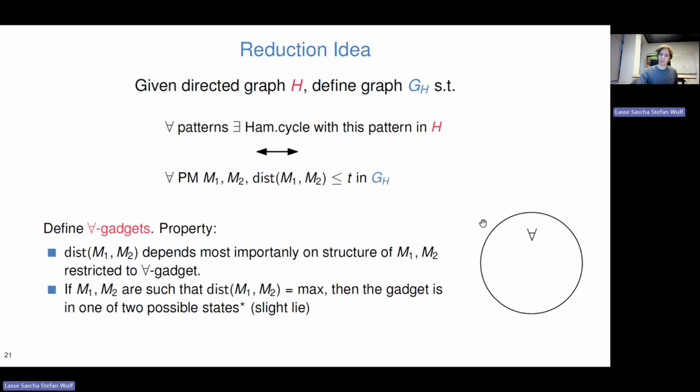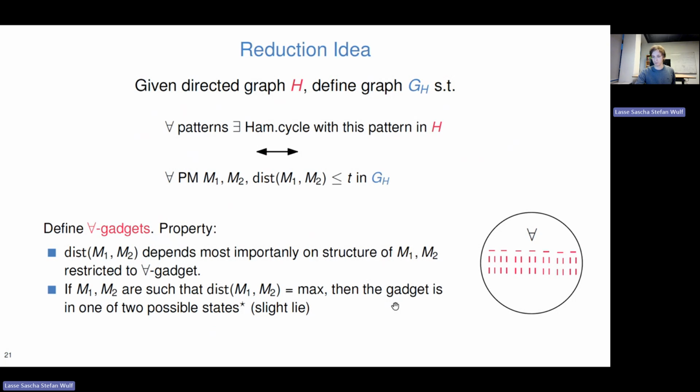And furthermore, if M1 and M2 are two perfect matchings that maximize the flip distance from each other, then the gadget can only be in one of two possible states. This is a slight simplification; in the paper it is not exactly true, but for the talk, I will teach it like that. So somehow the way we can imagine is that in the extremal configurations where the two perfect matchings have the maximum distance from each other, the for-all gadget is in one of these two configurations.